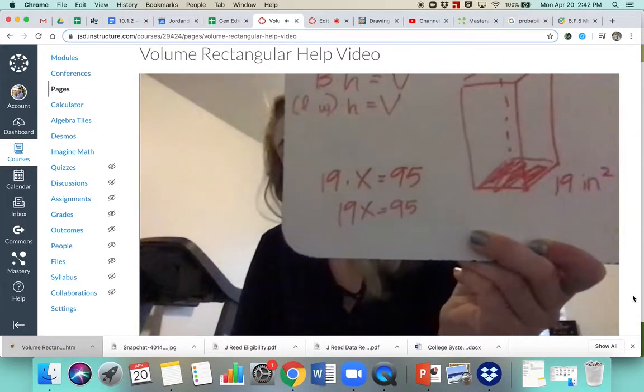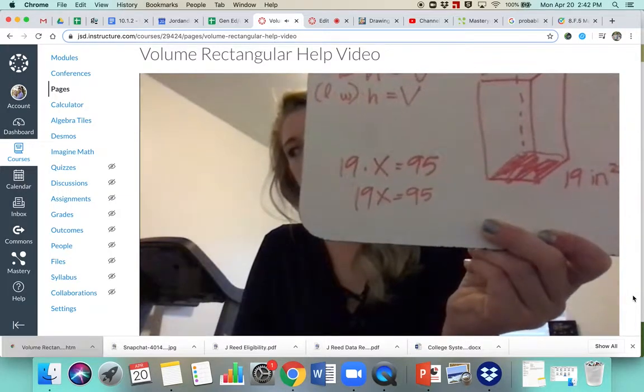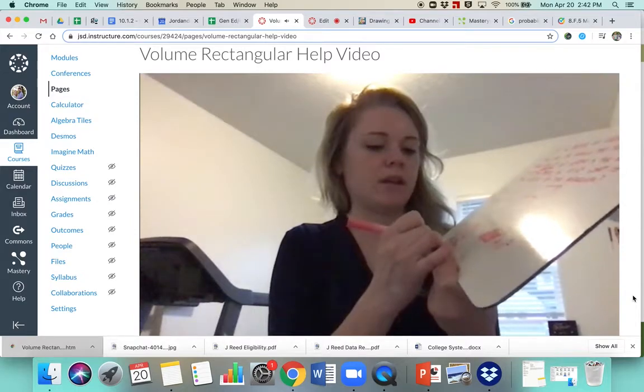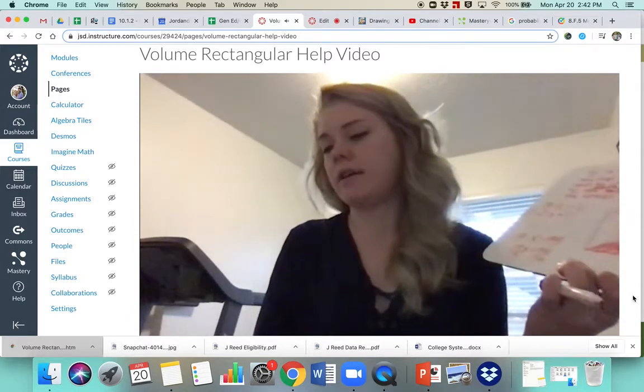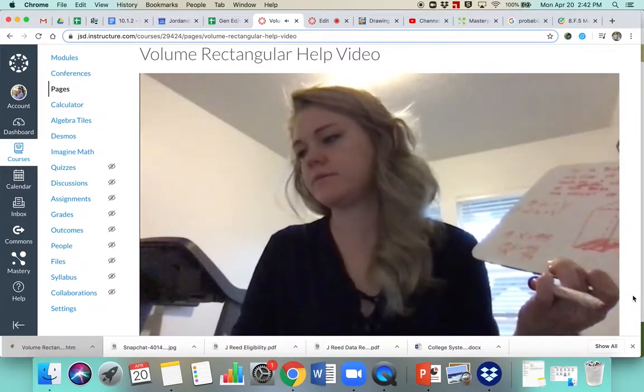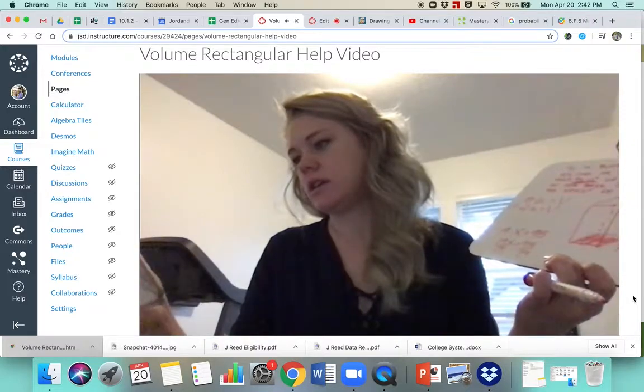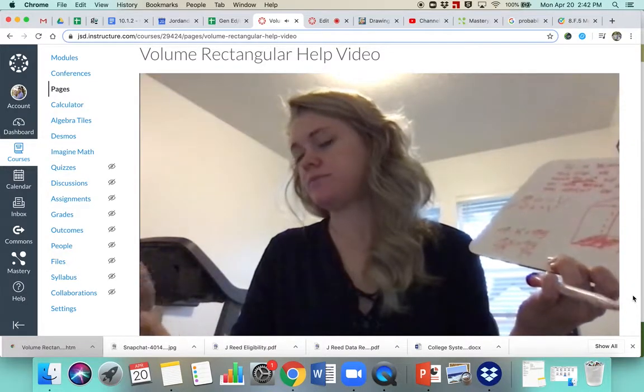Because they're being multiplied, the opposite would be to divide. So we divide by 19, divide by 19, and 95 divided by 19 is 5.